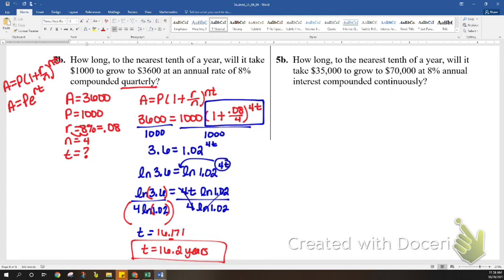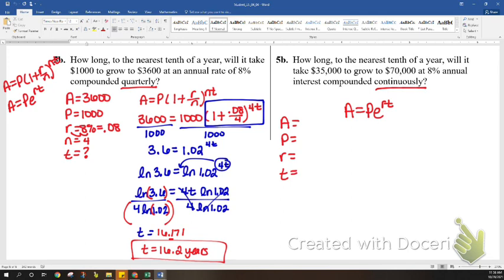All right, and what you've been waiting for all lesson, pencil problem 5B. How long, to the nearest tenth of a year, will it take 35,000 to grow to 70,000 at 8% interest compounded continuously? So remember, compounded continuously is the PERT formula. A equals P e raised to the rt. A, P, R and T; remember e is a number, so it's not a variable.